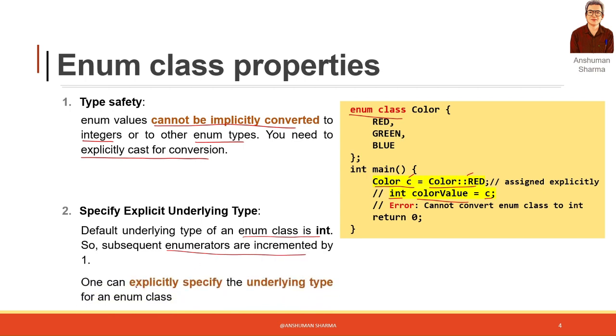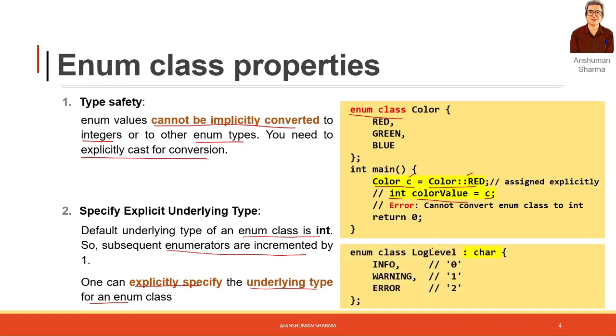One can also explicitly specify the underlying type of the enum. For example, instead of int, we could specify char, so the respective values will be the 0 character, 1 character, and 2 character. This is also a very important property available with the enum class keyword.